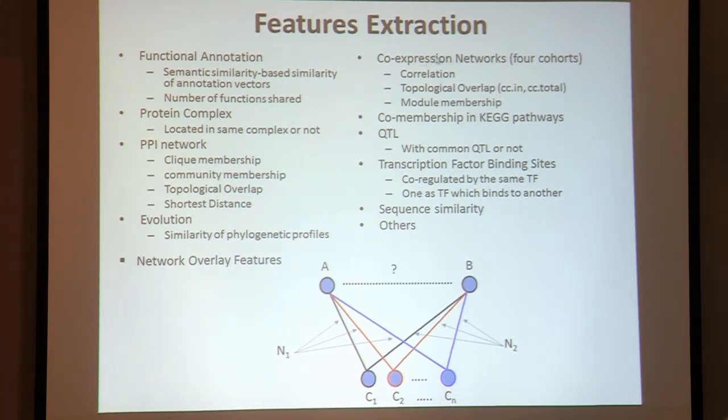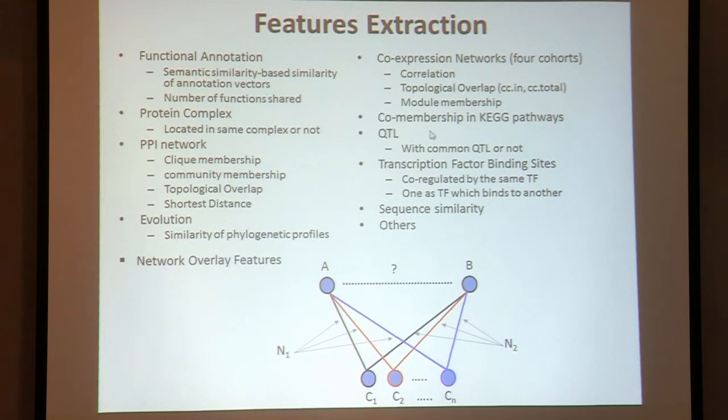For the co-expression network, we look at the co-module membership. We also look at the topological overlap between any two genes and the correlations. And we also use the Bayesian network and protein interaction network.